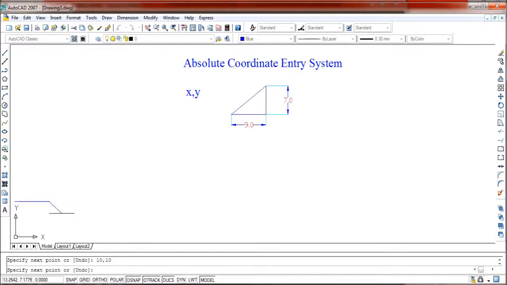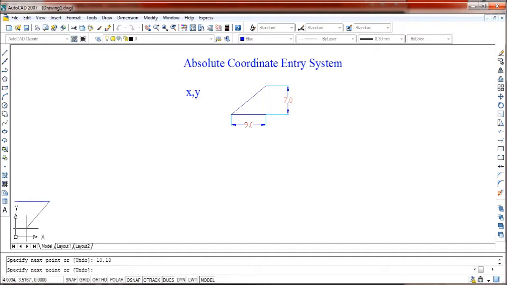Now I get the base of my triangle, then the height is 7, but my location here is 10 distance towards x from the origin, from the reference, and 10 towards y. To get the vertical line having 7 units from this point, I have to make the measurement from the absolute reference.